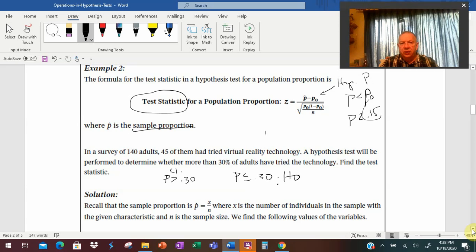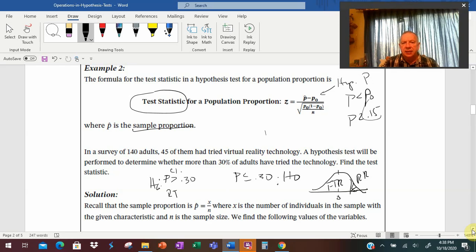H0 would be here, HA without, and this would be a right tail test, since it points to the right. If I drew the little picture here, anything in here I'm going to reject, that's my rejection region. Anything out here I'm going to fail to reject. And my hypothesized value, this is going to be 0 when I put in the test statistic, but this is basically the 0.30 point.